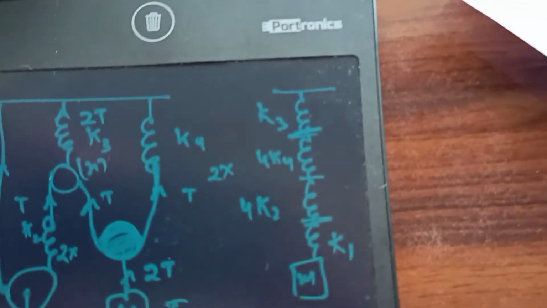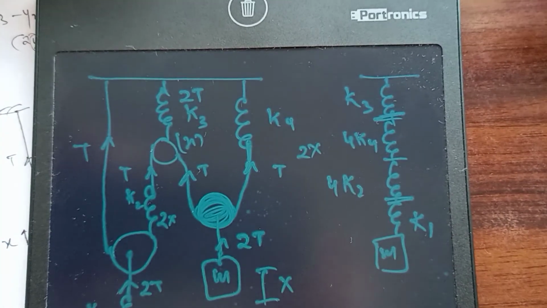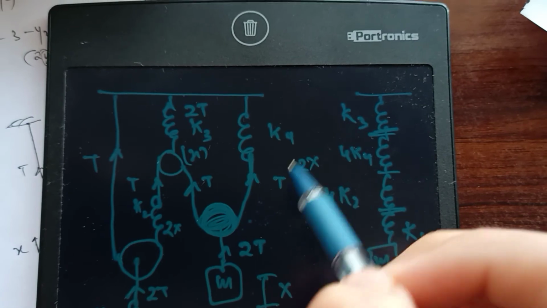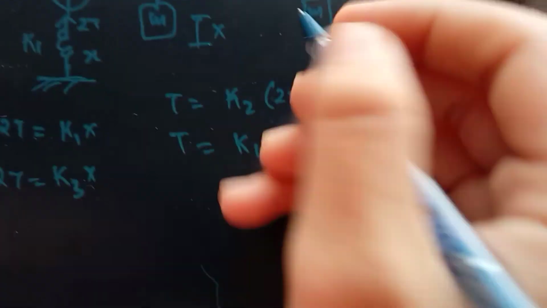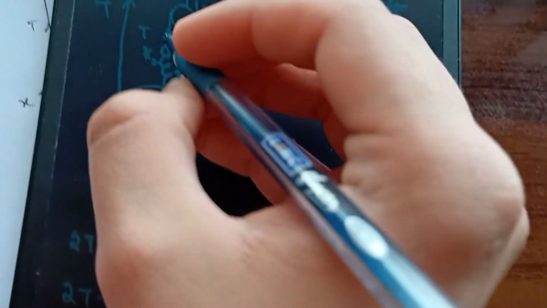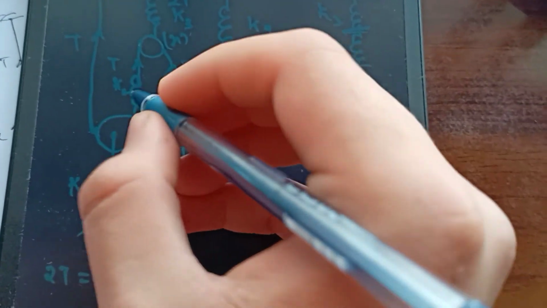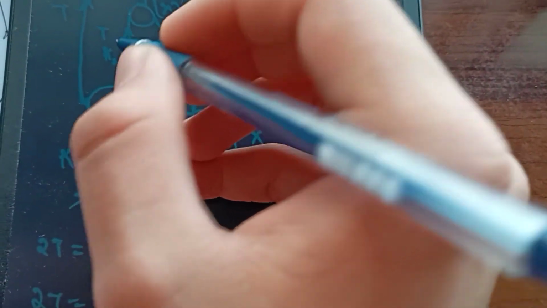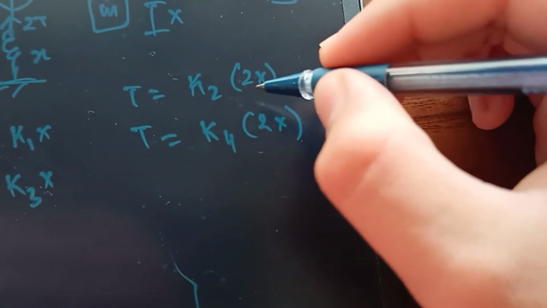Let us observe the K4 spring. Here in the K4 spring there is a tension T, and it has elongated by a distance 2x. So what I have written is T equal to K4 times 2x. Similarly, in the spring K2 with spring constant K2, there is elongation 2x and tension T. So I have written the equation T equal to K2 times 2x.